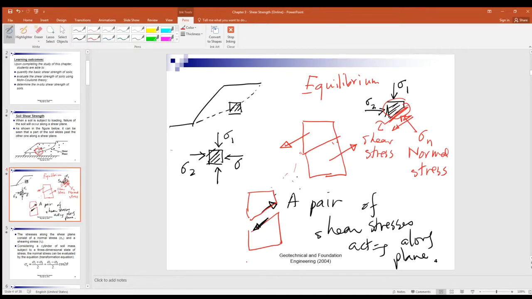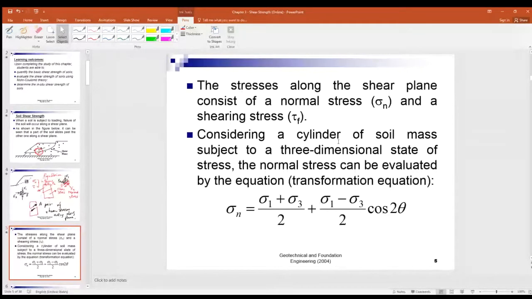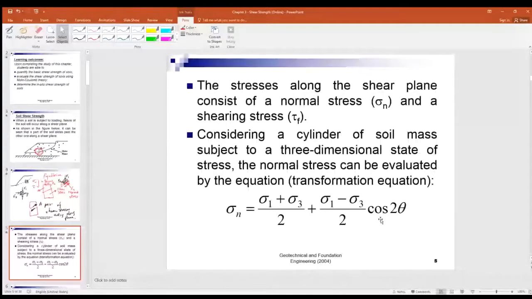So can you work out sigma n and tau in terms of sigma 1 and sigma 2, very simply by Mohr circle? So that's why you got this equation: sigma n is equal to (sigma 1 plus sigma 3, or sigma 2) over 2, plus (sigma 1 minus sigma 3) over 2 cosine 2 theta.